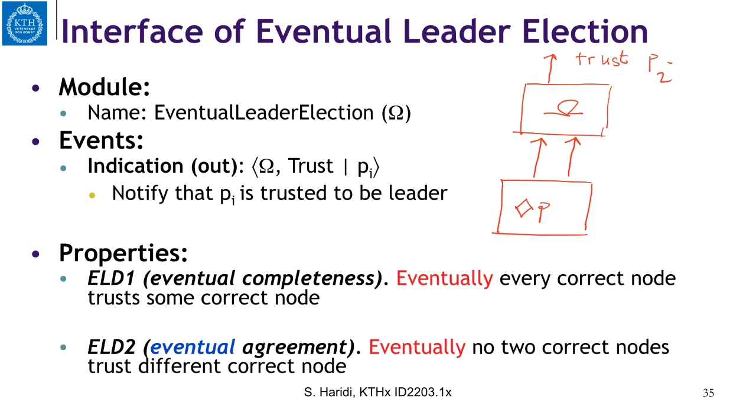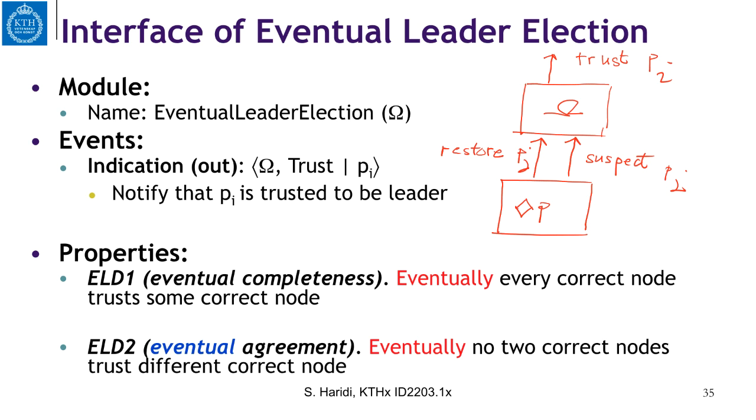One event is to suspect a process, say P_j, and another event, when the suspicion is wrong, to restore the process P_j. So this is our setup.